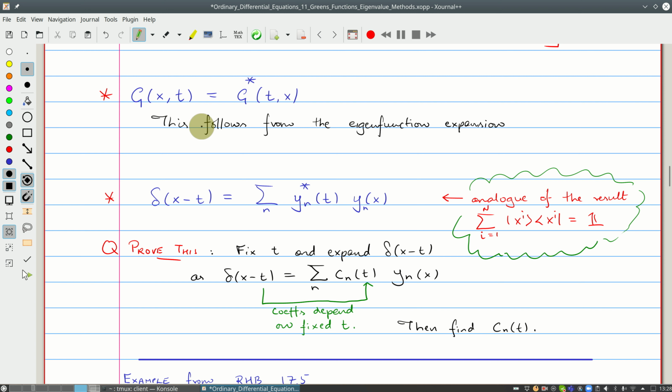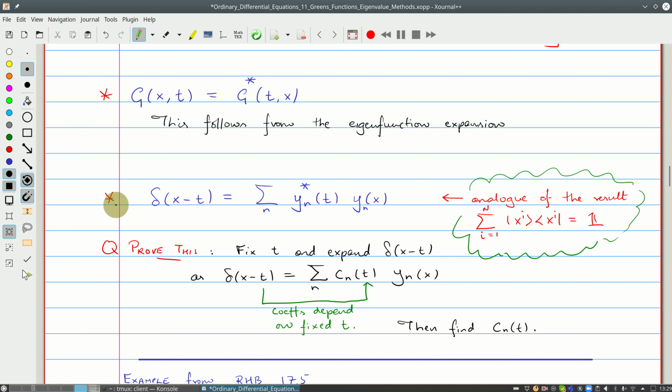Cool, huh? So if you regard g as something like a matrix with x in the rows and t in the columns, then g is a Hermitian matrix in some sense. Okay, it's not a matrix, I know that, but it has some nice properties here.